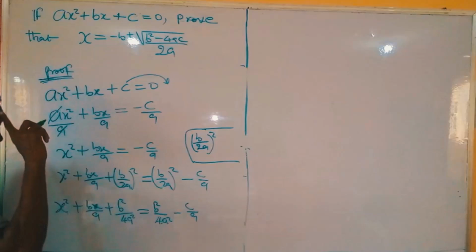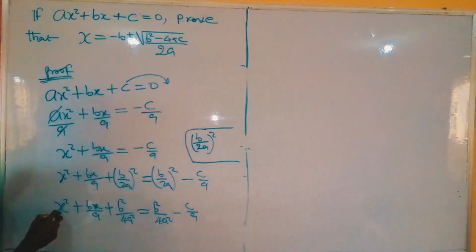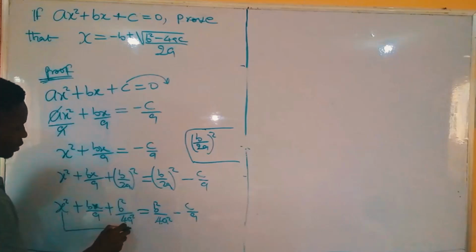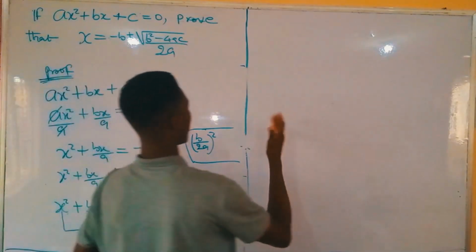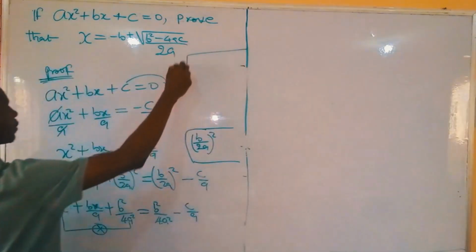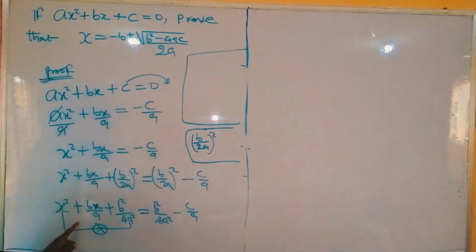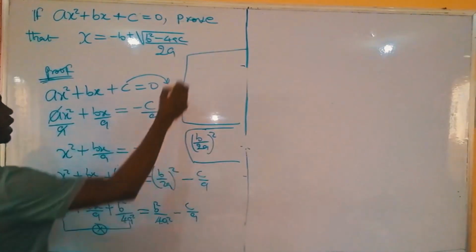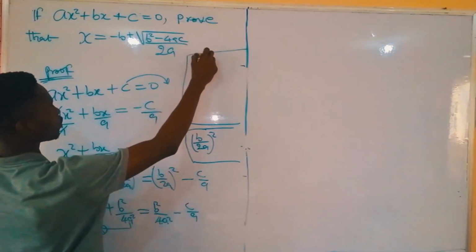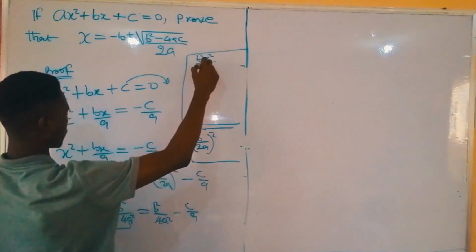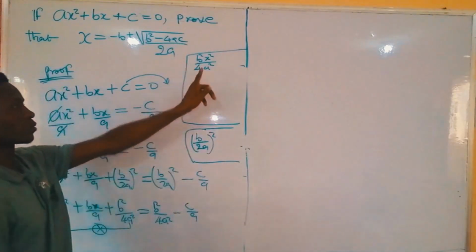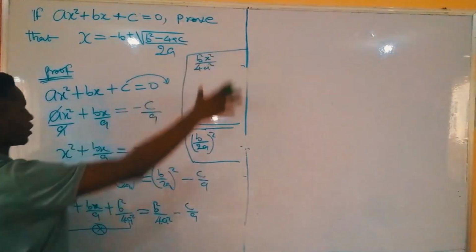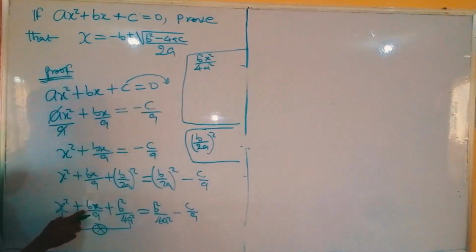Now, normally in factorization, you should multiply this with this, that's the first and the last term. If we do that on the rough side, we'll have b squared x squared over 4a squared. So what are the factors that when you multiply you get this, and when you add you get the middle term?